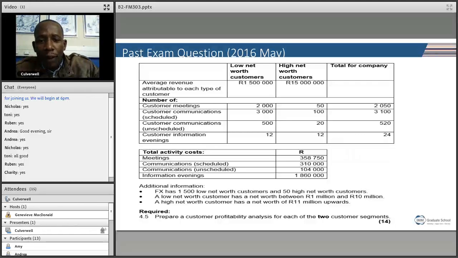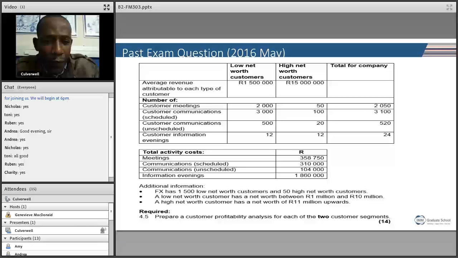So they gave us four columns. The first column gives you the detail of that line. The second one is the type of customer, which is type 1, your low net worth customers. And then we also have high net worth customers, and the very last column is the total for the company.